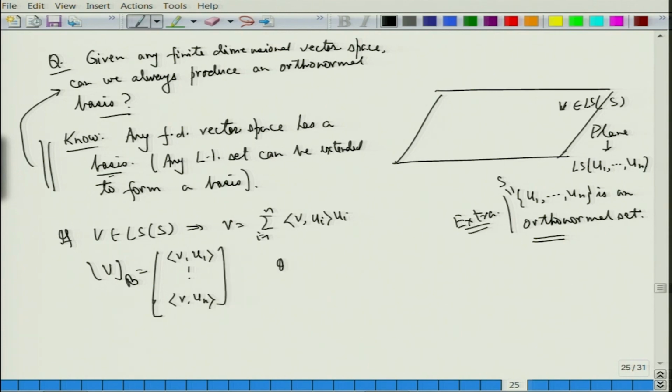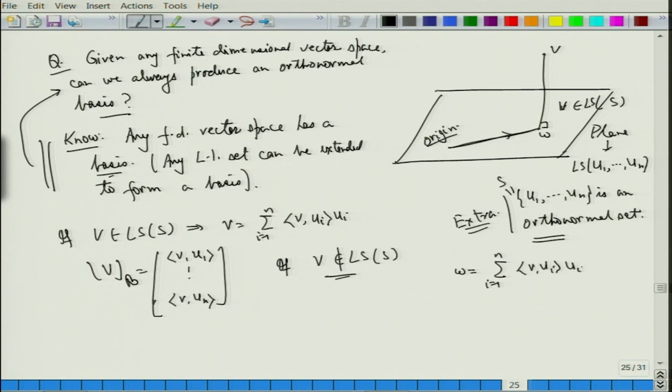If not, if V does not belong to the linear span of S, then it is somewhere outside. Alright. If it is somewhere outside, then what I do is drop a perpendicular from here, fine, and I have some origin with me. Linear span always contains the origin, so I get a vector W. Now what is this vector W? This W is the summation i going from 1 to n of V comma ui. I have not got the whole vector, I have got this.